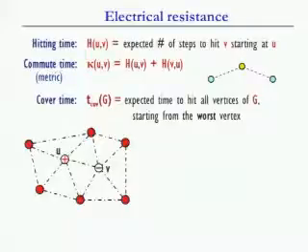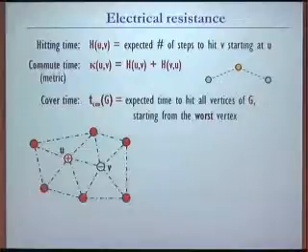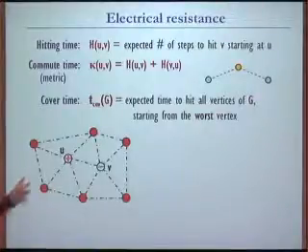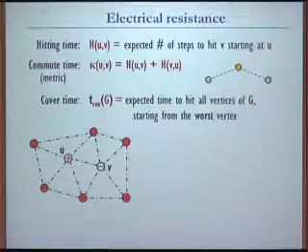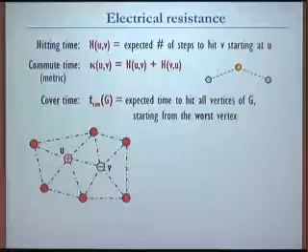So a crucial tool in analyzing both hitting times and cover times is the notion of electrical resistance. You think of the edges as unit resistors, and then there is an effective resistance between one vertex and another. To define that, think of sending a flow from one vertex to the other, a flow that has to satisfy that the incoming flow at every vertex equals the outgoing flow, except at the source and the sink.